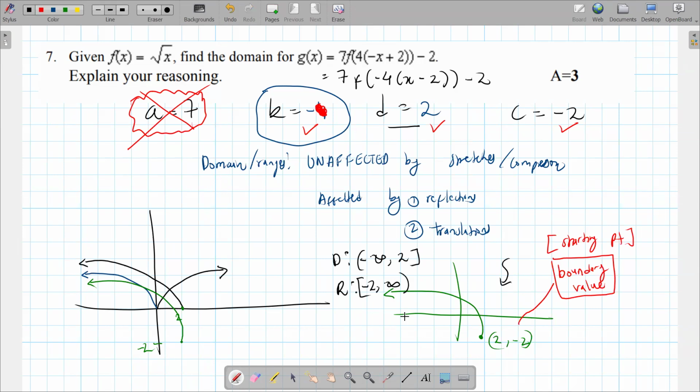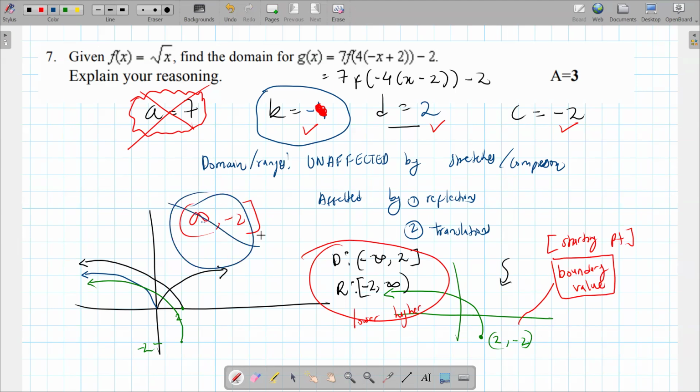It's always lower value on the left and the higher value on the right when you're doing interval notation. If you write infinity and -2, that doesn't make sense, because infinity is not less than -2. It's a very common mistake, but you will lose points if you write it like this.